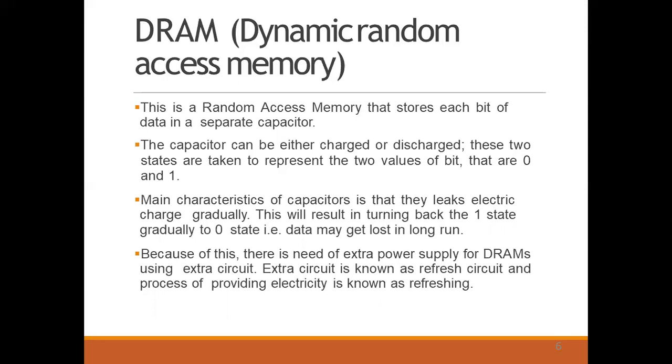So when the charge is finished, the data will be lost, turning the one state back to zero. Means if it is on, it is one; if it is off, then it is zero. Because of this, DRAM needs an extra power supply using an extra circuit. This extra circuit is known as the refresh circuit, and the process of providing electricity is known as refreshing. So DRAM needs a power backup.